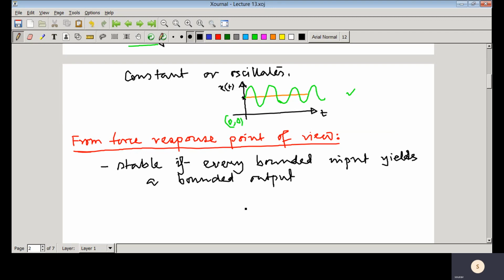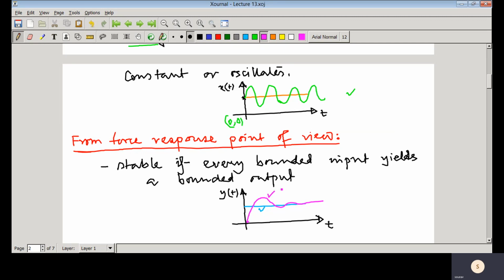So here we can see one typical behavior, like suppose this is t and suppose this is y(t). If we apply some bounded input like say a step input, so this is the input, and we can see that the output is coming like this. So this is the input, and this one is the output.